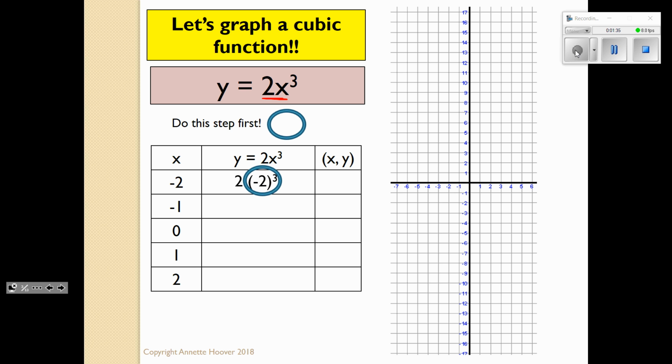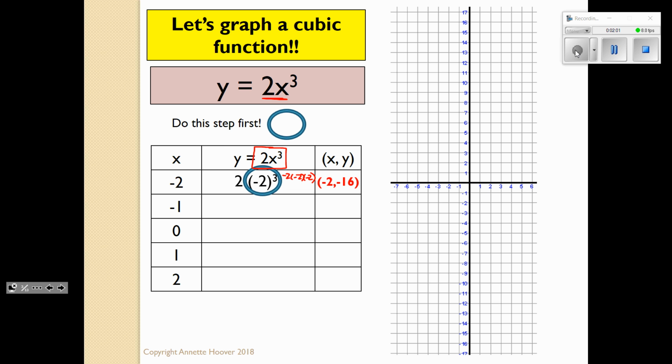And we're going to just plug in these numbers and create the ordered pairs. So if we plug in a -2 to this equation right here, 2x cubed, when we plug in the -2, it needs to go into parentheses. And the first step we're going to do is always the exponent. So -2 cubed is the same thing as -2 times -2 times -2, which would be a -8. And then we multiply that times 2, and you get a -16.